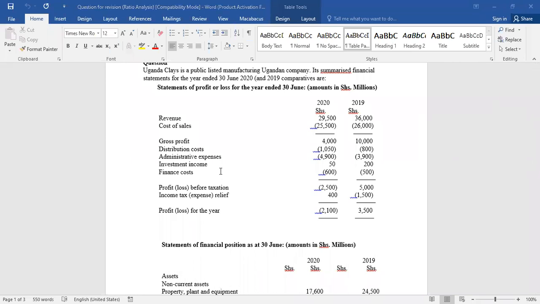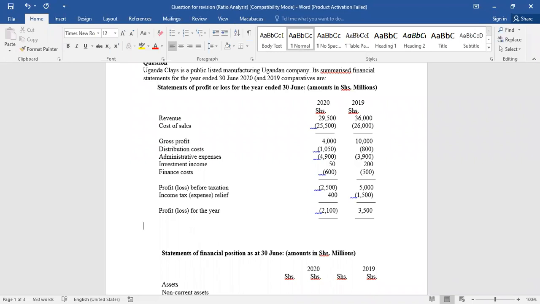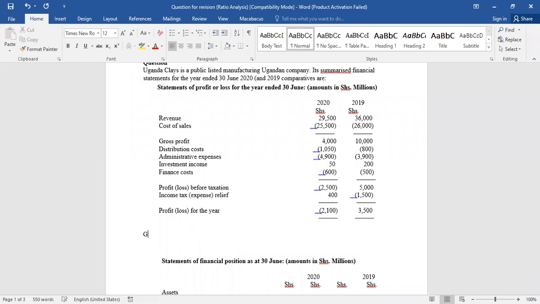Gross profit margin. You know the ratio. So if you know the ratio, then you're good to go. We're saying gross profit margin is given by gross profit over revenues or sales. I hope I've shared the screen.